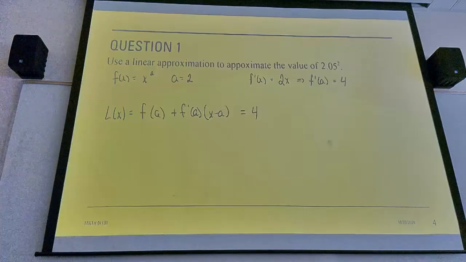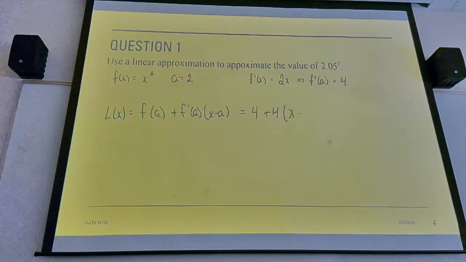It's 2 squared, plus 4 times x minus 2. There is our linearization.